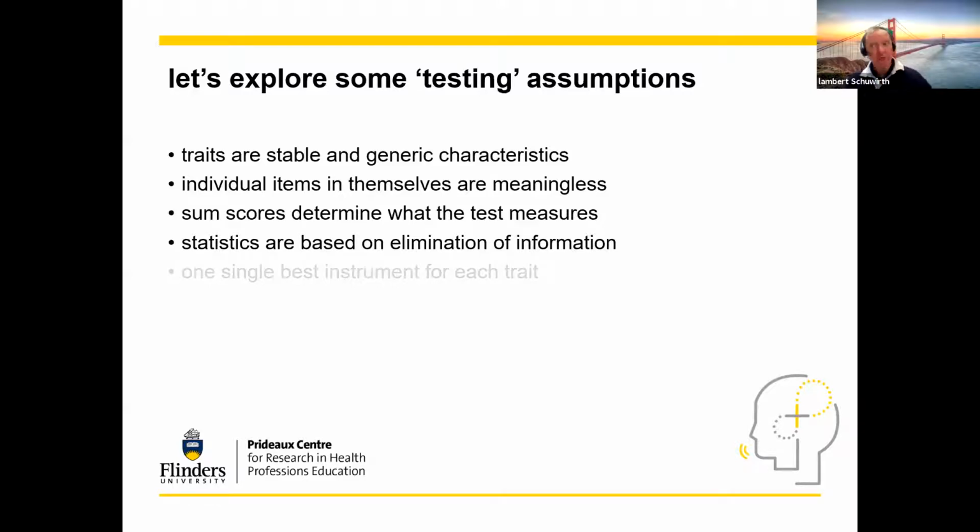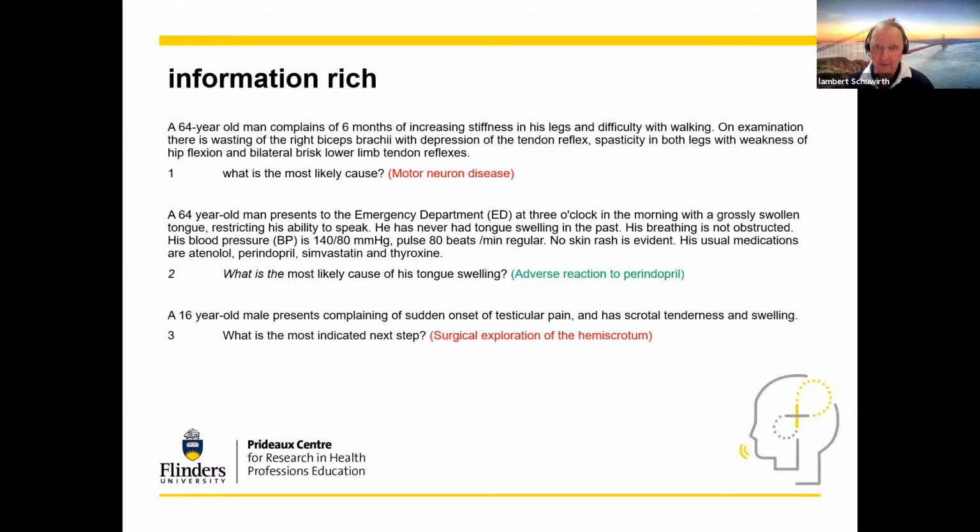As a consequence of this thinking, traits are seen as a stable and generic entity that can be measured and expressed in a single number. Of course, our psychometrics and our statistics are based on throwing away information, on elimination of information. Again, let me explain what I mean. Here is a test and the possible answers of a student.